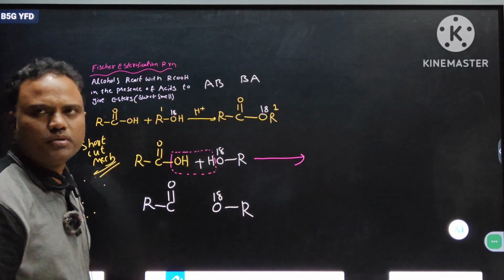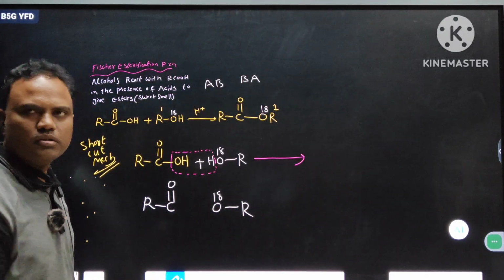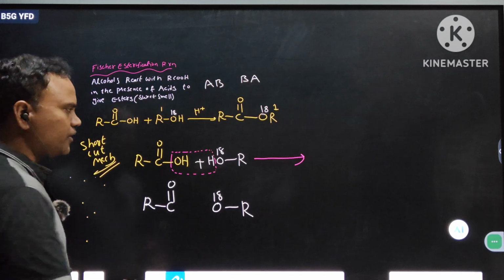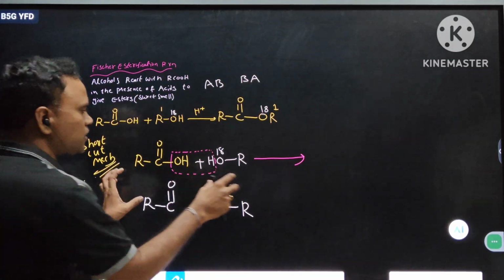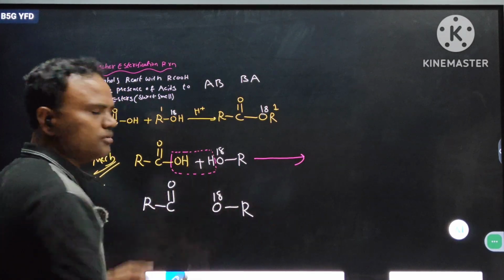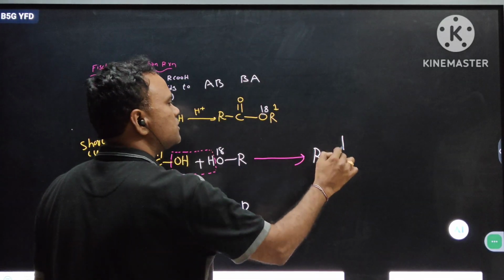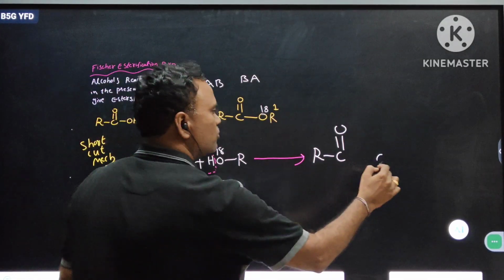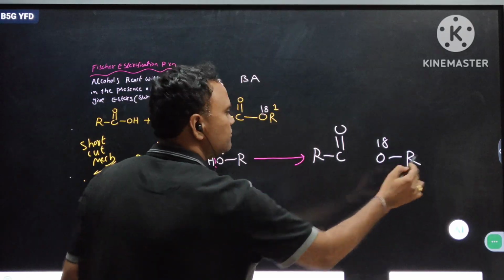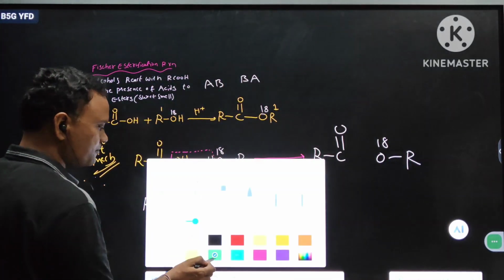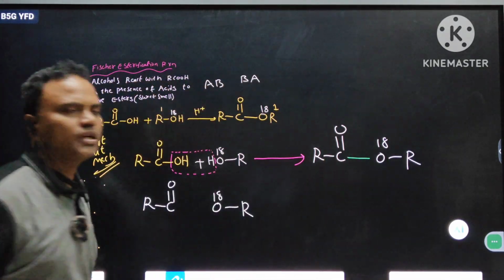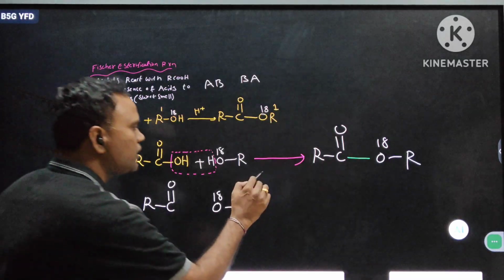Join these two, merge these two by using the bond. After elimination of water, the residual parts are there. Now join them, means put the bond in between them. You will get RC double bond O, O18R. Put bond between them. Ester.